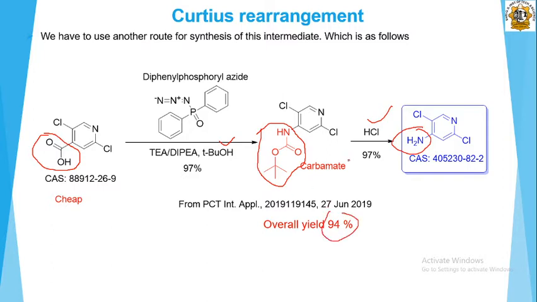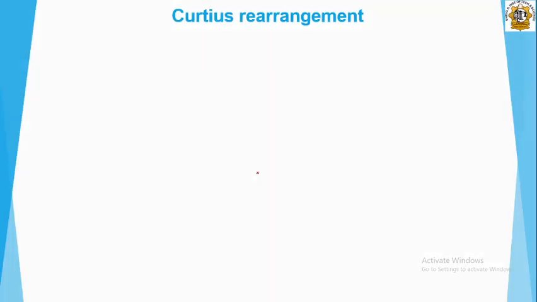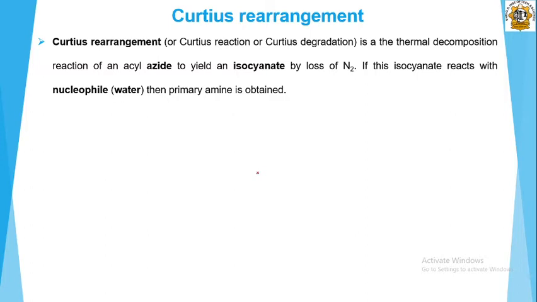So this is a very famous reaction, and we'll discuss its usefulness today. What is this reaction actually? The Curtius reaction, or Curtius rearrangement or Curtius degradation, is the thermal decomposition of an acyl azide to yield an isocyanate by loss of N2.